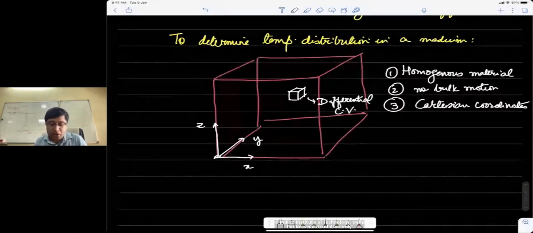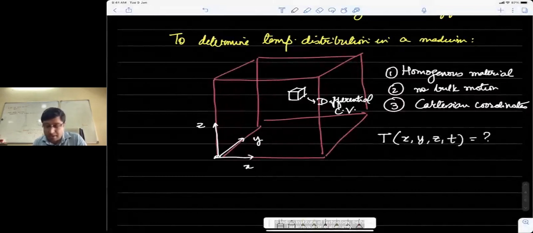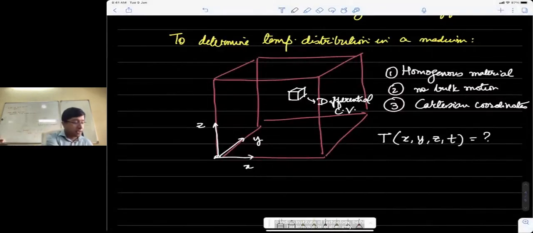This is very similar to any continuum mechanics course that you do, solid mechanics or fluid mechanics. We always start with the differential control volume. Okay, and then I will try and address this problem, that what should be T(x, y, z, t). What should be the equation that governs this distribution, both in time and in space? Okay, we're not just dealing with steady state systems. So how would it change with time and space?